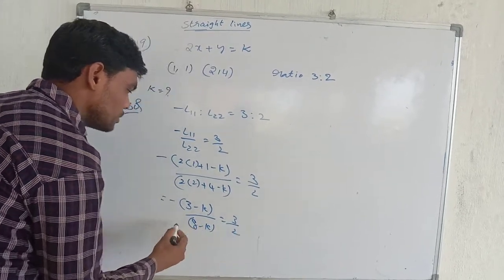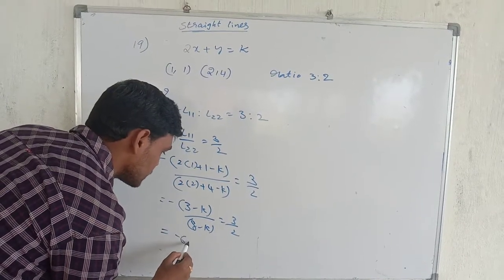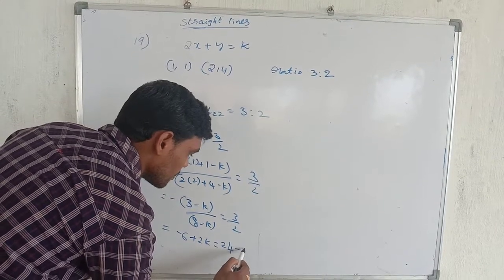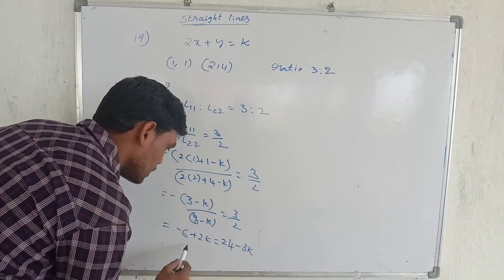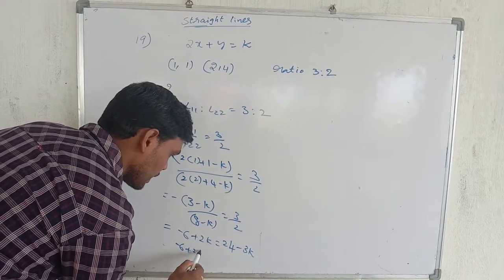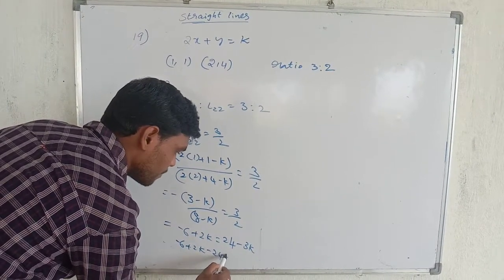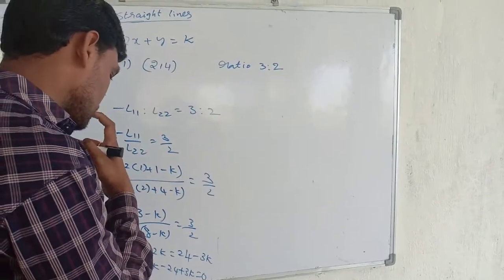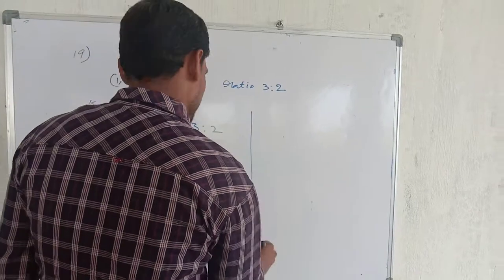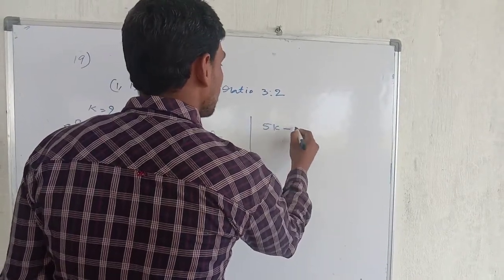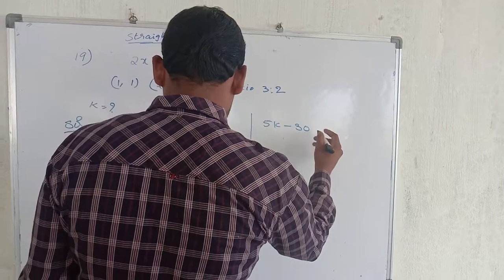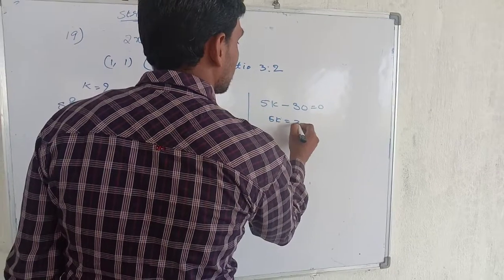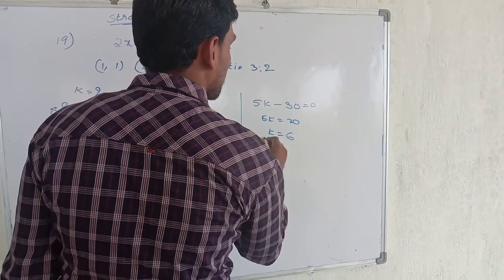Now cross multiplication gives minus 6 plus 2k is equal to 24 minus 3k, and minus 6 plus 2k minus 24 plus 3k is equal to 0. 3k plus 2k is 5k, and minus 6 minus 24 is minus 30, equal to 0. 5k is equal to 30, k is equal to 6.